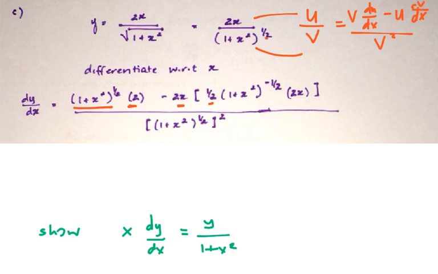We replace 1 + x², and then we change the power to 1/2 minus 1, which becomes negative 1/2, and then we multiply by the differential inside our bracket. So the differential of 1 is 0, and the differential of x² is going to be 2x.